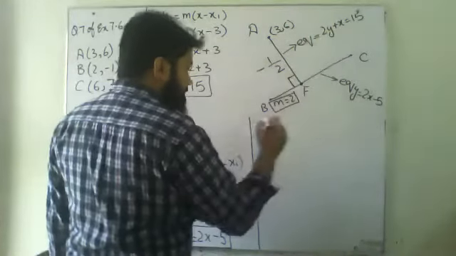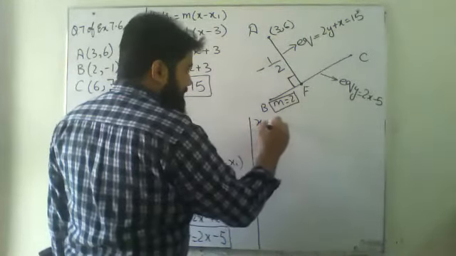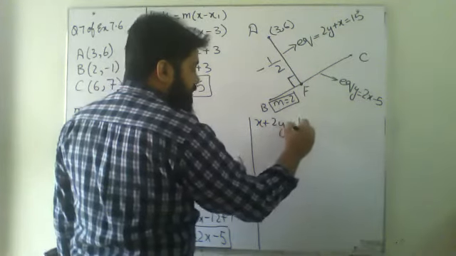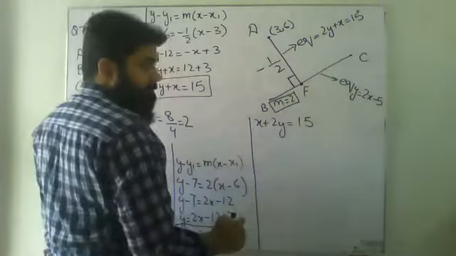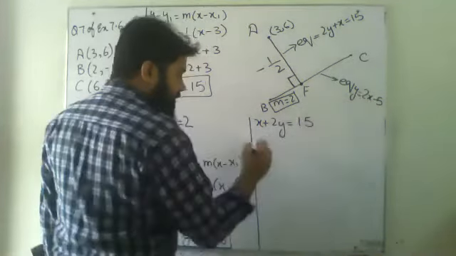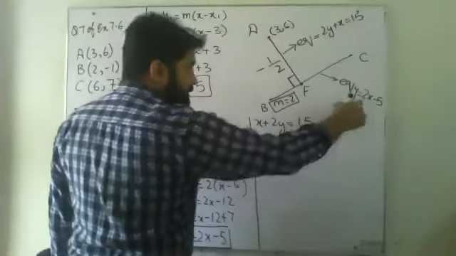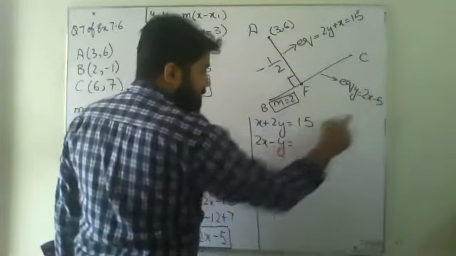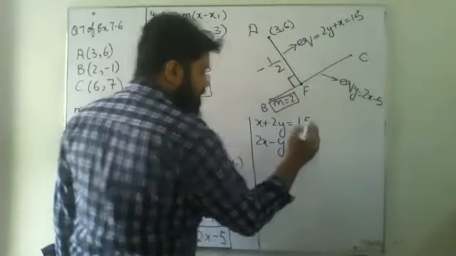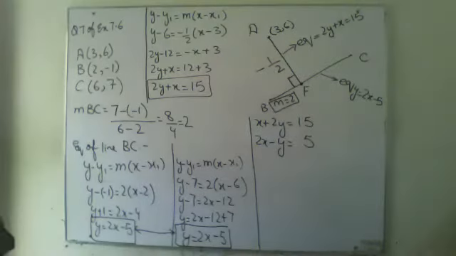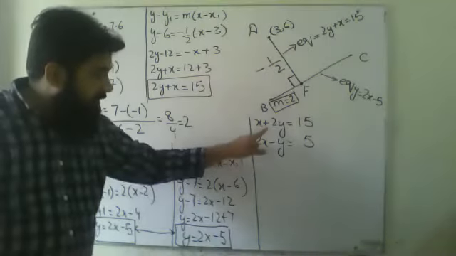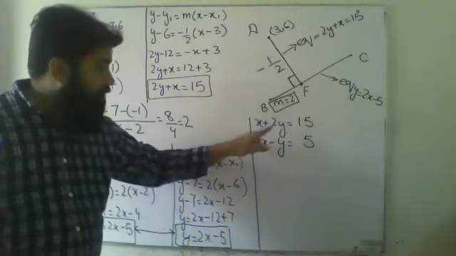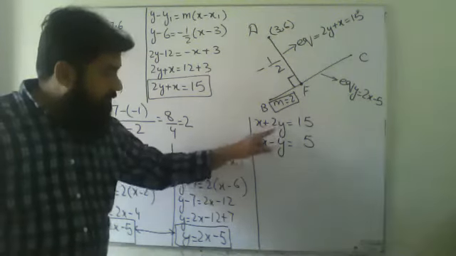This equation, x plus 2y equals 15. This equation, 2x minus y equals 5. Okay, these two have different signs, so I'm going to make their coefficient the same.